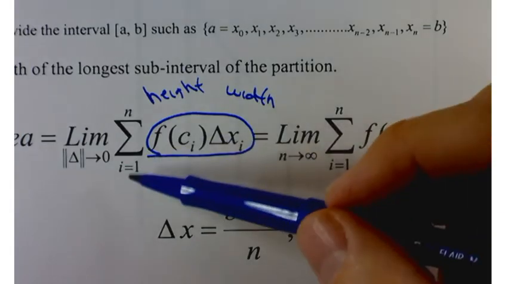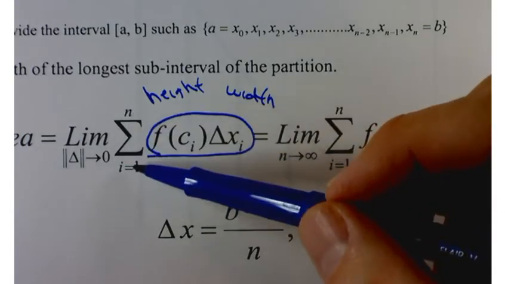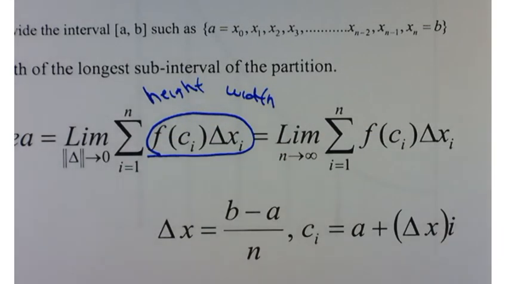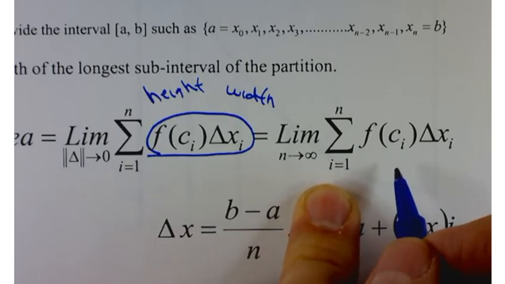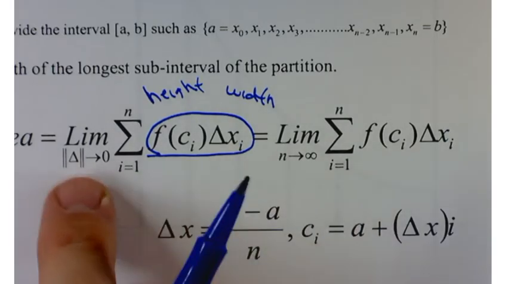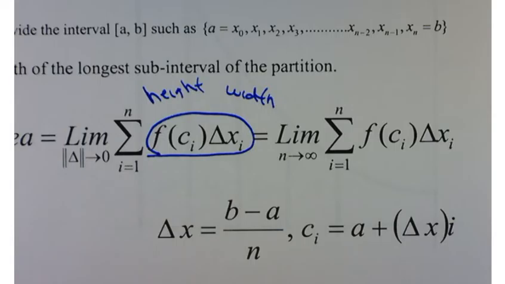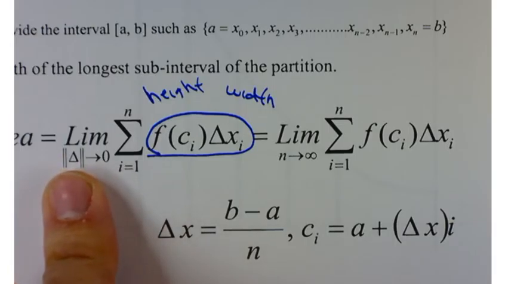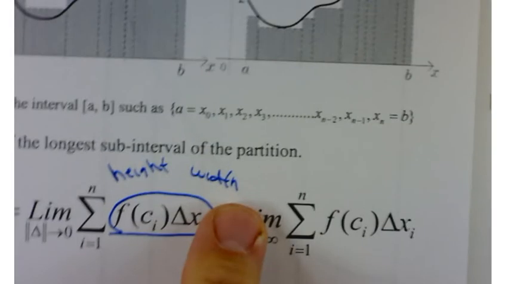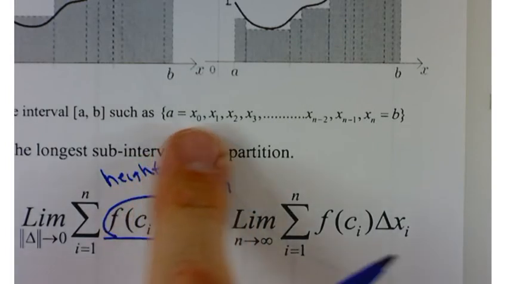What's the summation going to do? Summation is going to add up the area of all those rectangles. But the initial definition that you could work with if you're developing calculus from scratch would be that the length of the partition is going to go to 0. What does that mean? Well, your partition is the set of all these points.